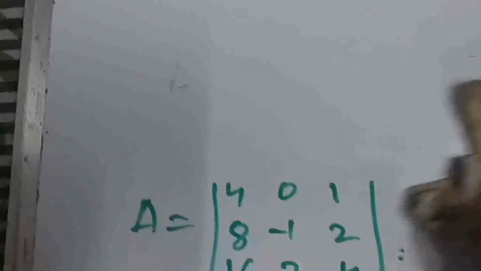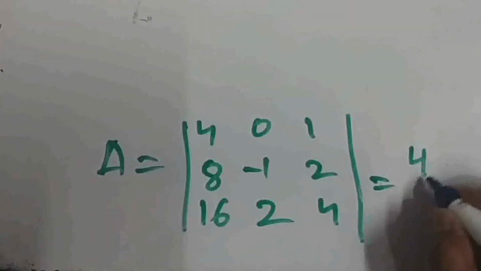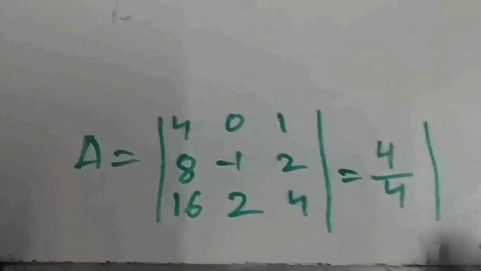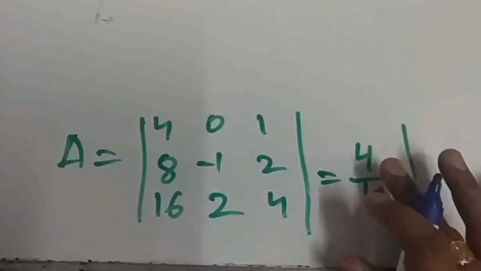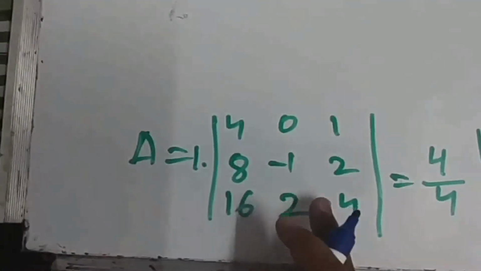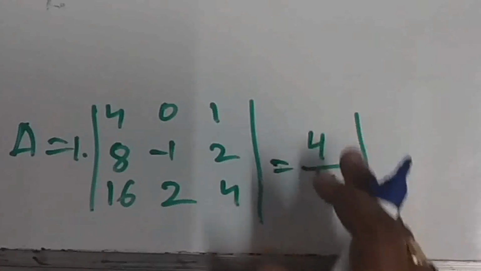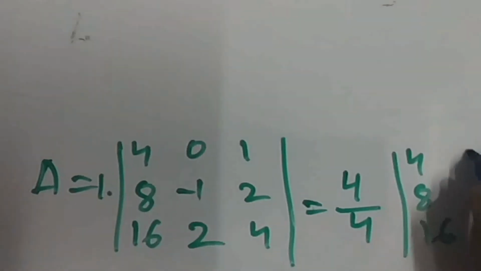This can be done. Or what you can do? For solving this one, you can multiply 4 in the third column. For multiplying 4, you can remember, first you write 4 by 4, that is 1 here. Actually any determinant can be written like this, 1 into the determinant, in the place of 1, 4 by 4, because I want to multiply 4 here: 4 8 16, here 0 minus 1 2, here 1 2 4.